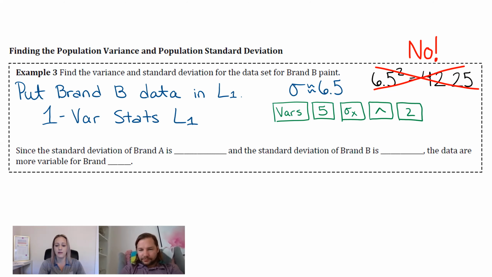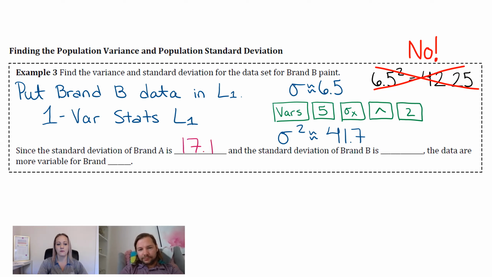Okay, so go get sigma X, and then when it comes up on your screen, you're going to square that value, and that's going to give you a much better approximation for sigma squared. Okay, and that's going to come out to be about 41.7 when you actually round that to 1 decimal place.